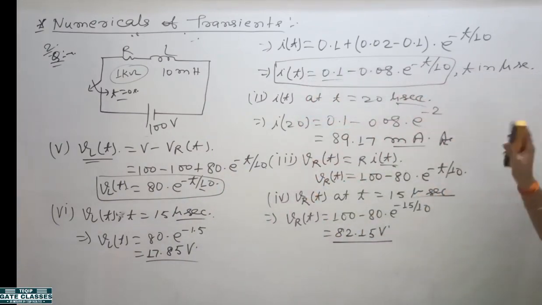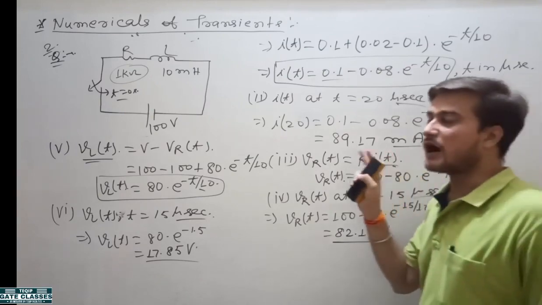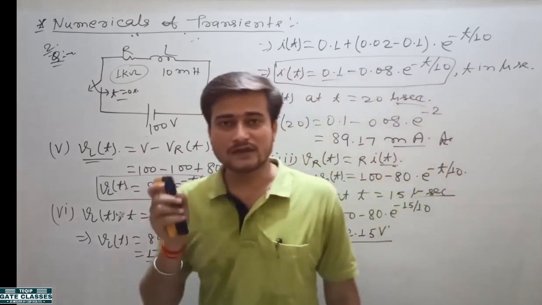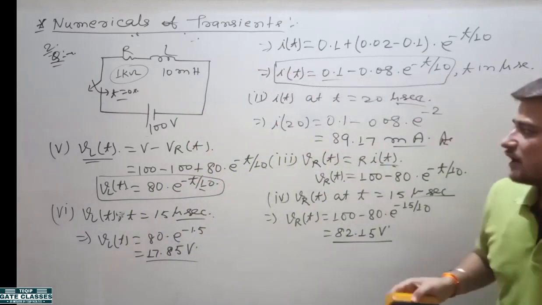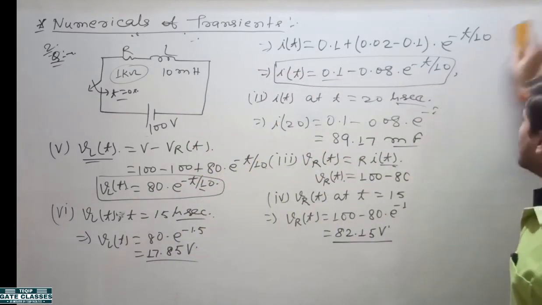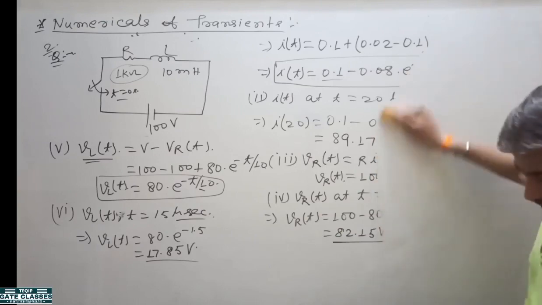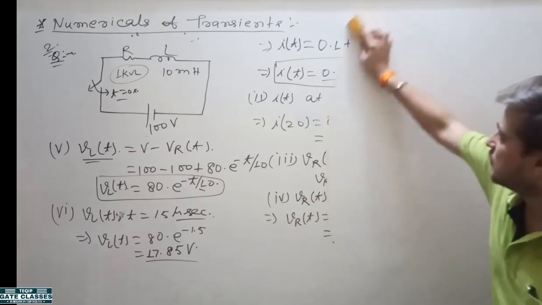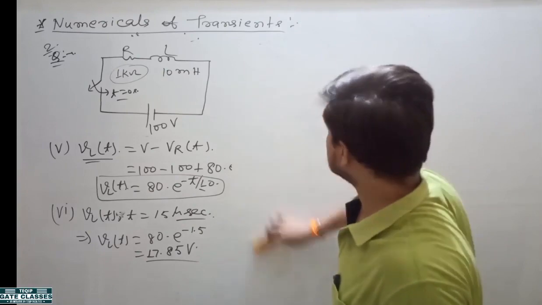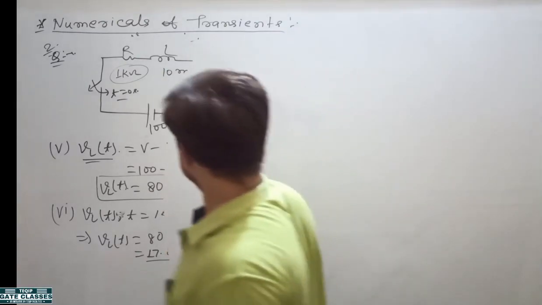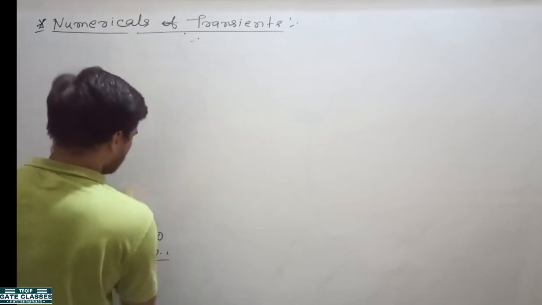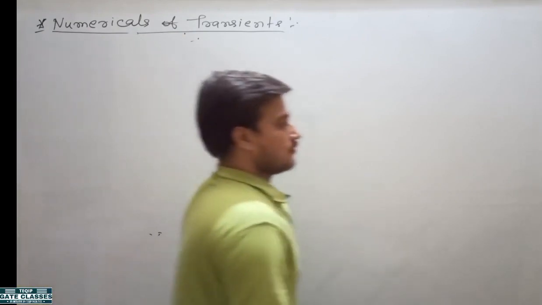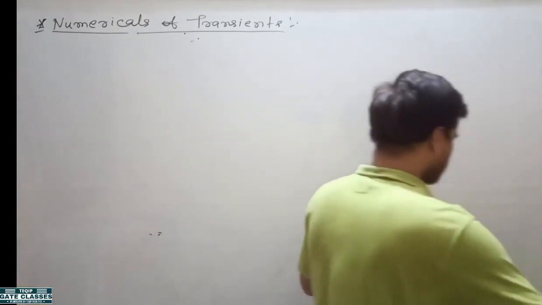So we solved two questions on the RL circuit, one without initial condition and the second with initial conditions. Now let us come to the RC circuit. Now we will see two questions on the RC circuit. Let us write the third question.